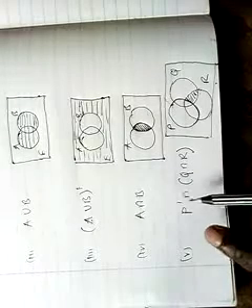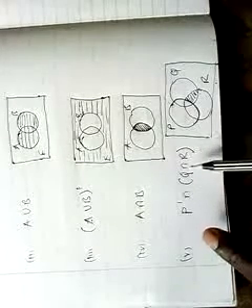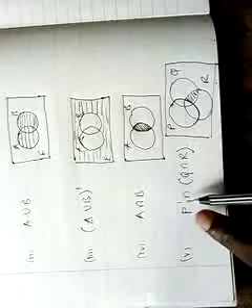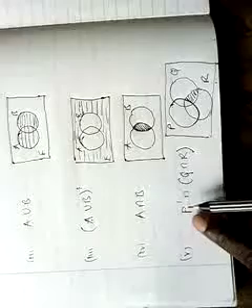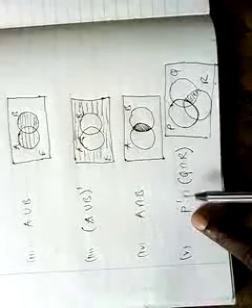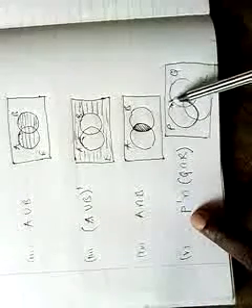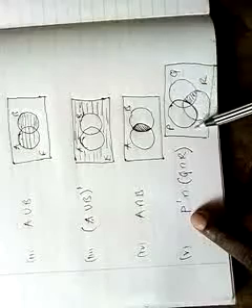So when you have more than two sets, and there is a complement, start with the complement, ignore that set. P complement, meaning we ignore the entire set P. So wherever it is, we ignore.